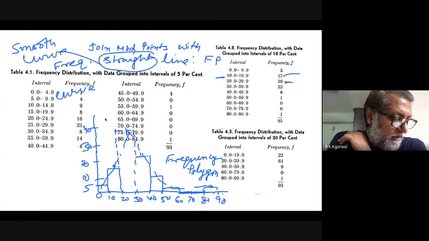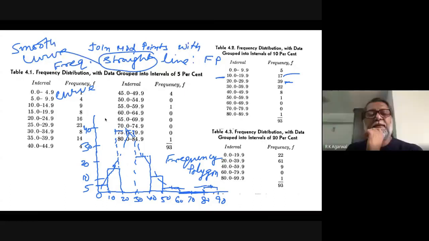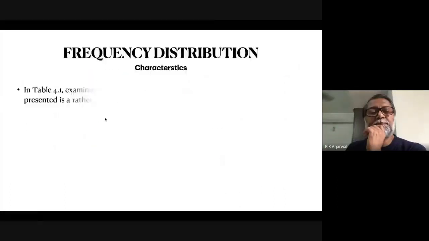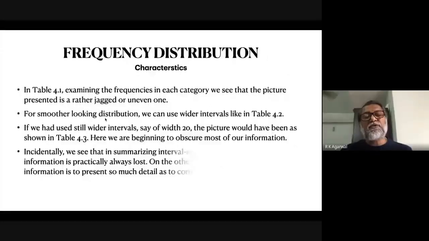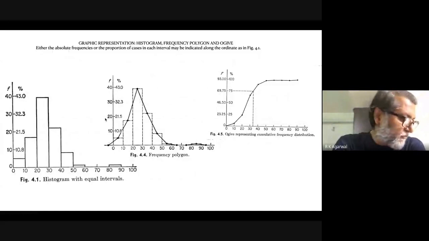So we go back to the next slide. Excuse me, sir. Histogram. First one is your histogram. So what is the purpose of drawing frequency polygon and frequency curve as well?